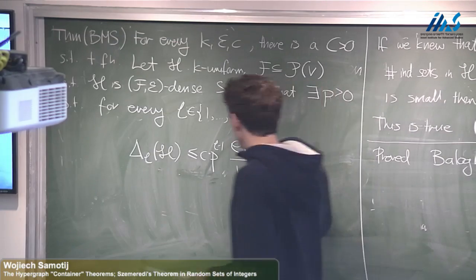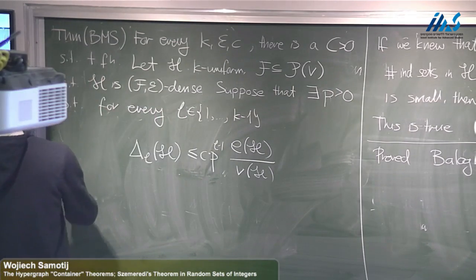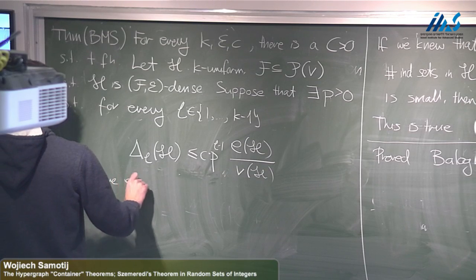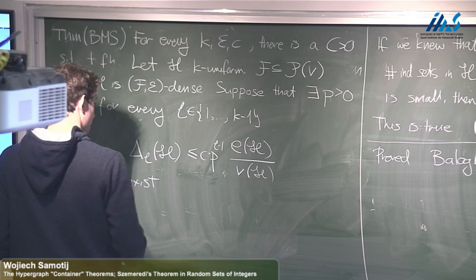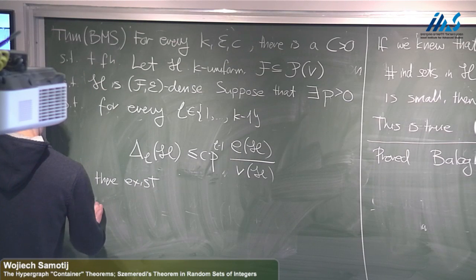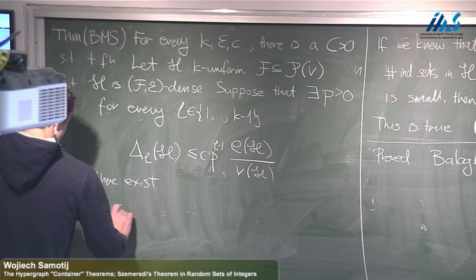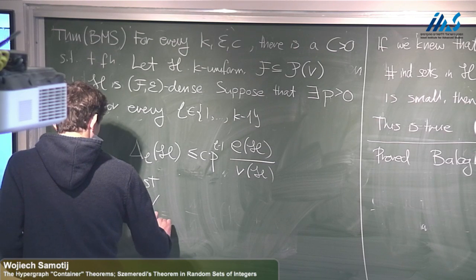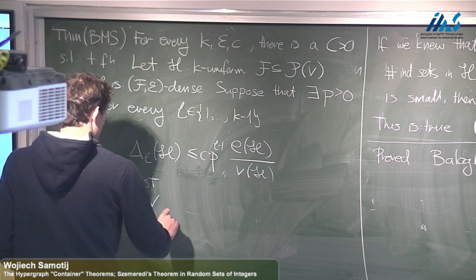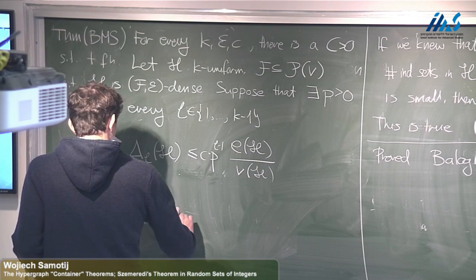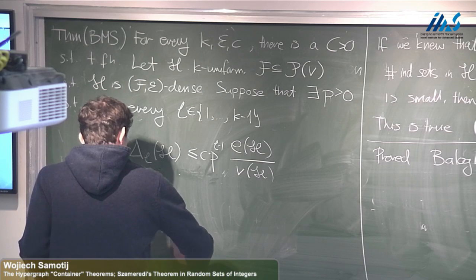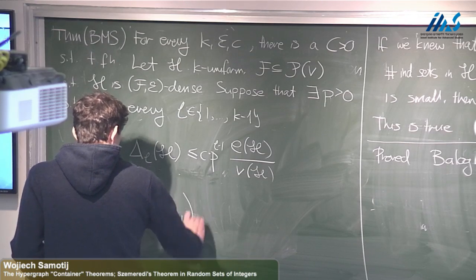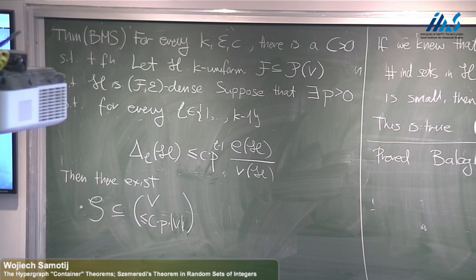Now, once these conditions are satisfied, then there exist first a family S of subsets of the vertex set with each set having at most C times p fraction of all the elements.